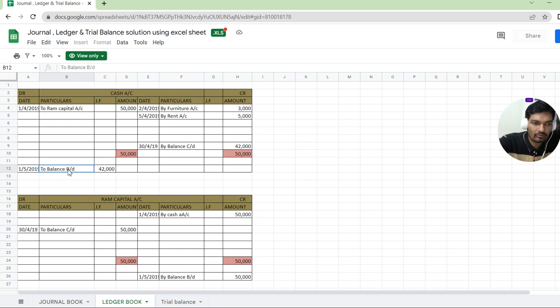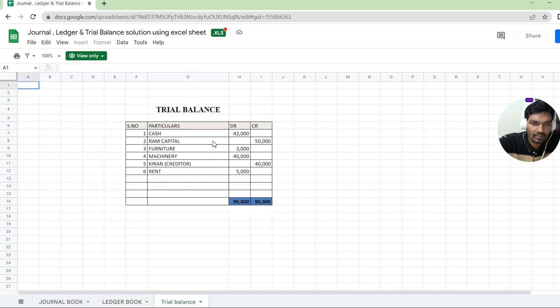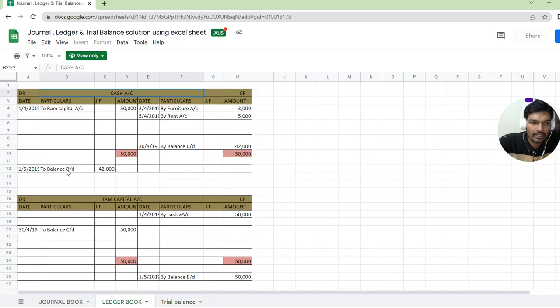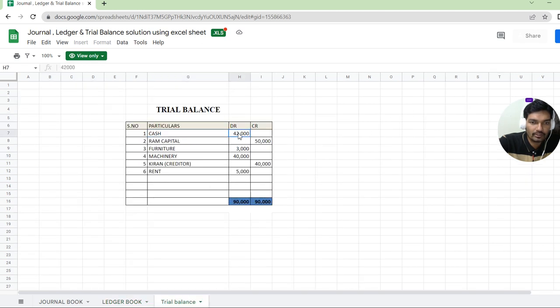Which side is the balance brought down available under the cash account? Debit side only. This is the proforma for the trial balance: serial number, particulars, debit rupees, credit rupees. So first, the cash account, where the balance brought down is available on the debit side only, 42,000 rupees we show on the debit side.